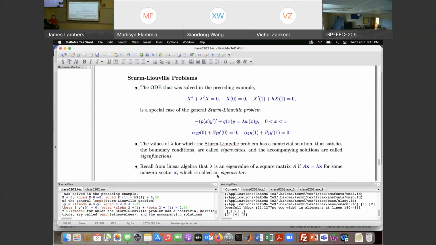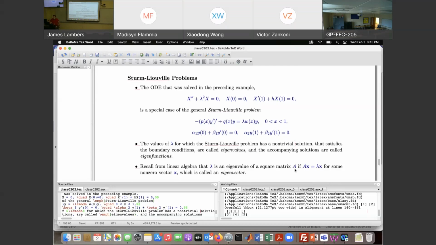So these concepts, eigenvalue and eigenvector for a matrix, eigenvalue and eigenfunction for this boundary value problem, are very closely related, because in both cases you have some kind of linear operator operating on some vector.